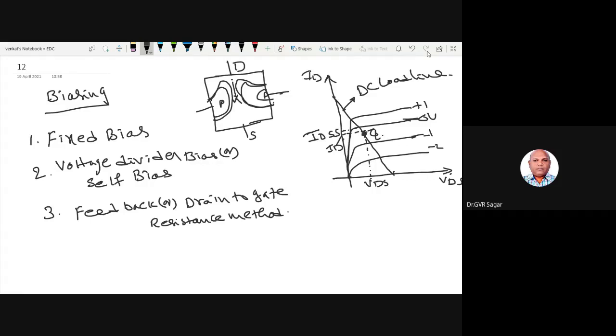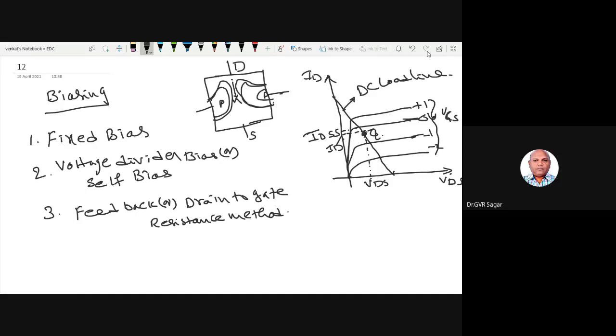But even though there is a temperature increase, the variation of VDS voltage and ID will change because of VGS. The VGS voltage change means the operating point may shift up and down. So we have to keep this operating point stable. To keep this stable, again we have to go for a stabilization technique. We already discussed what my stabilization technique is, what my compensation technique is.